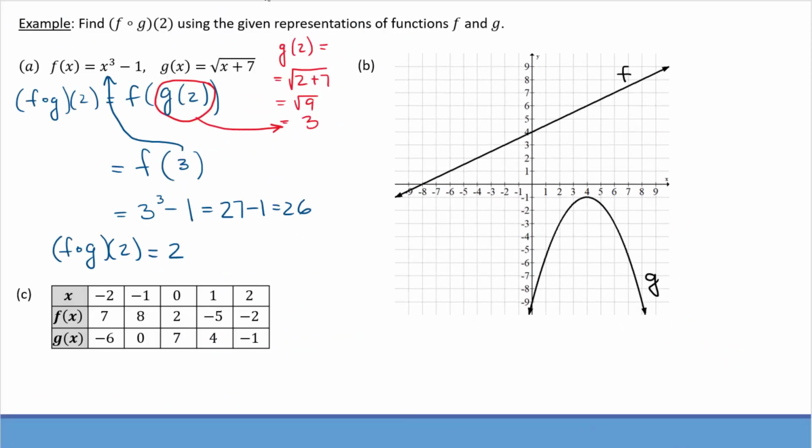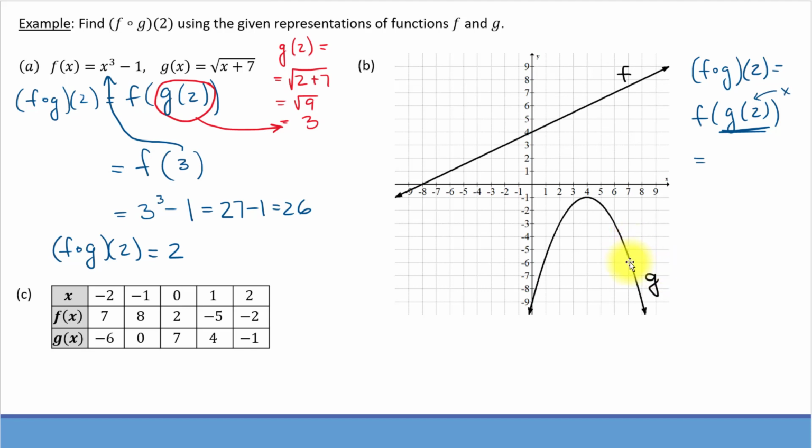Now let's try the next example, where we have functions defined by graphs. Once again, we need to find f composed with g of 2. And that is the same as f of g of 2. And again, first we need to find what g of 2 is. Well, for that, we're going to use the graph. Remember, 2 represents x.